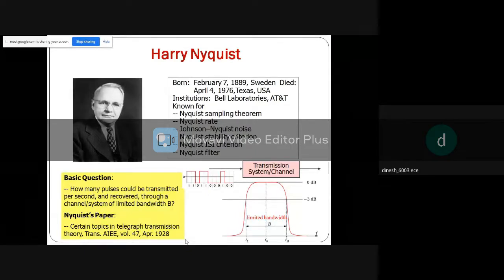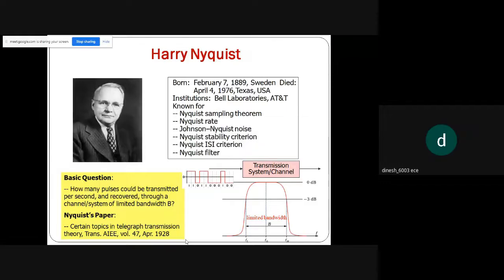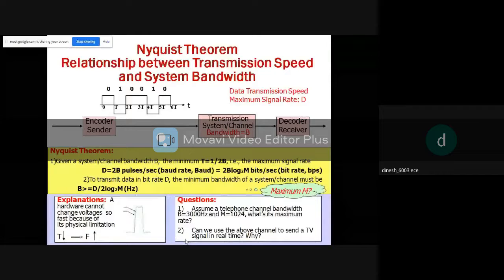It was published in Transactions of the AIEE, Volume 27, in April 1928, the Nyquist paper. This is your Nyquist theorem: the relationship between transmission speed and the system bandwidth.